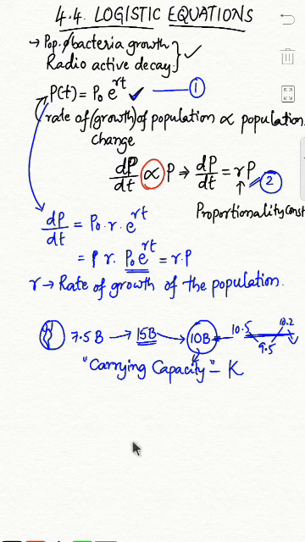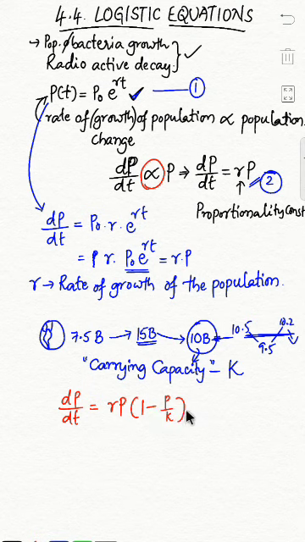For suppose we involve this carrying capacity in equation 2, then it is reduced to dP/dt = rP(1 - P/K). That means rP(K - P)/K.